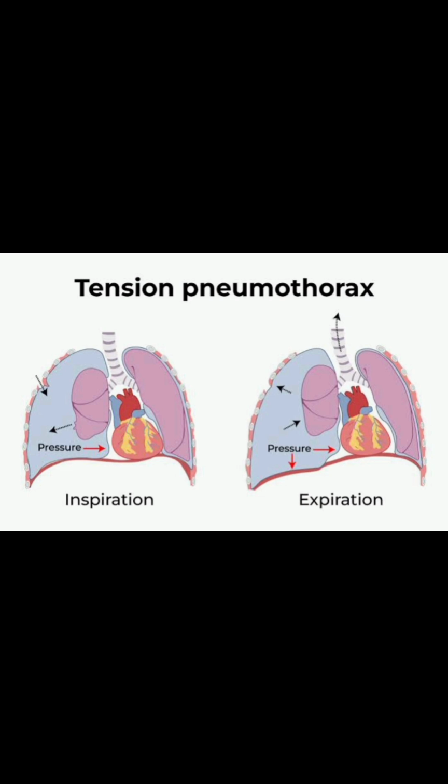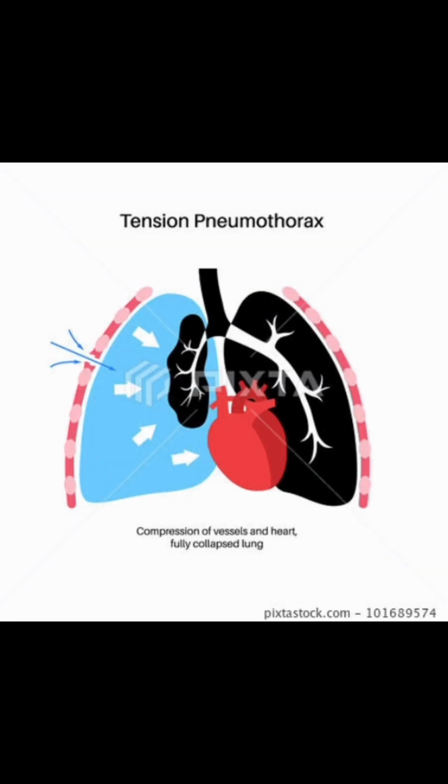In an open chest wound, a flap may act as a one-way valve. Thus, air can enter on inspiration but cannot escape. The intrathoracic pressure increases, the lung collapses, and the mediastinum shifts toward the unaffected side, which is subsequently compressed.